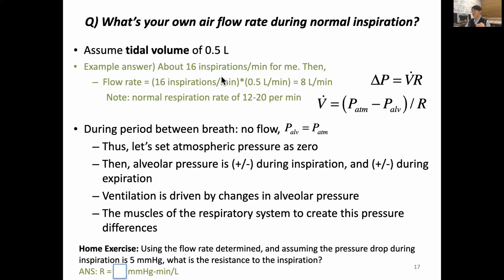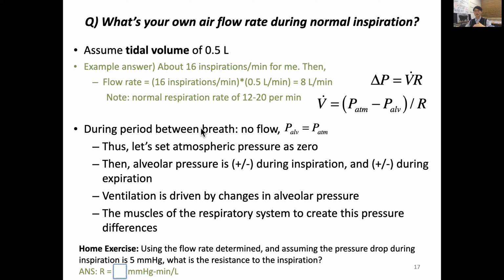And you can have a cancellation of minute, and this will give 8 liters per minute. I think I have to remove this one. Oh, this minute is supposed to be 1 inspiration. Sorry about that.